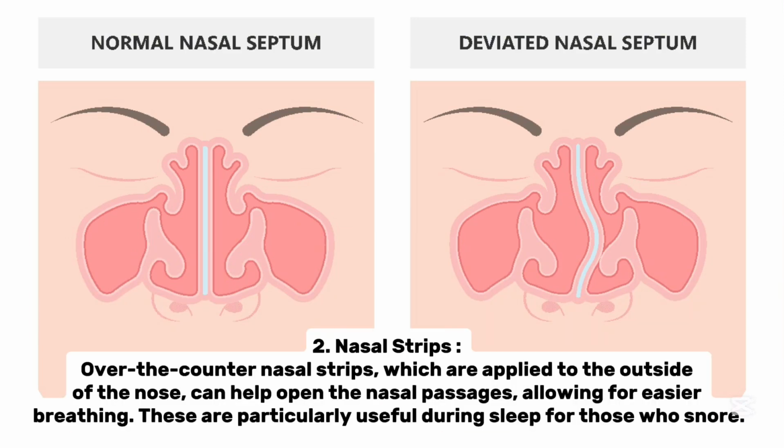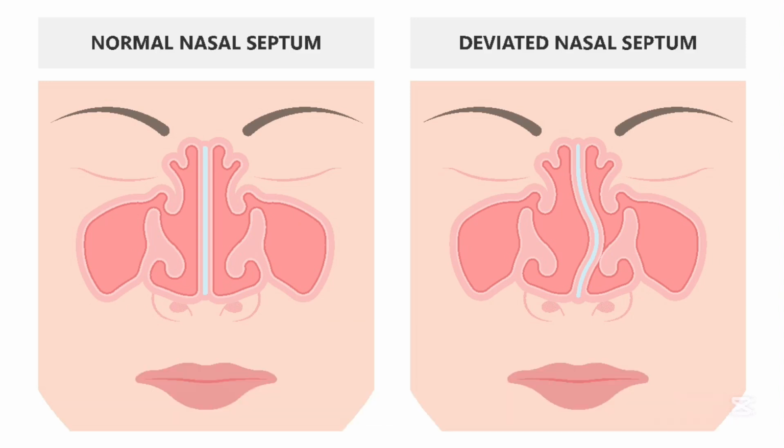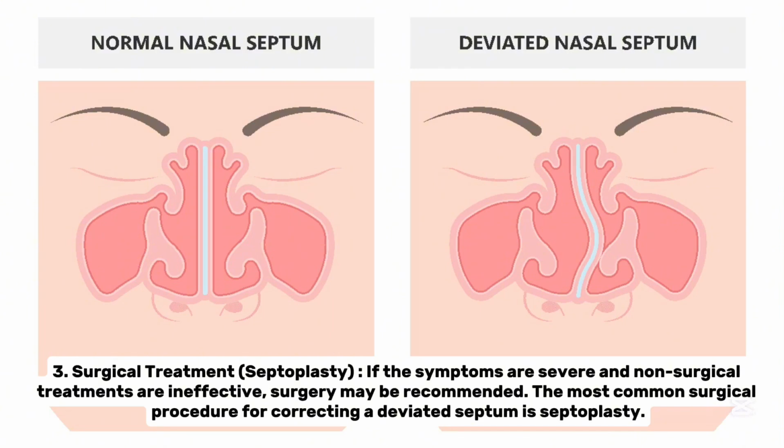2. Nasal strips. Over-the-counter nasal strips, which are applied to the outside of the nose, can help open the nasal passages, allowing for easier breathing. These are particularly useful during sleep for those who snore. 3. Surgical treatment. Septoplasty. If the symptoms are severe and non-surgical treatments are ineffective, surgery may be recommended.